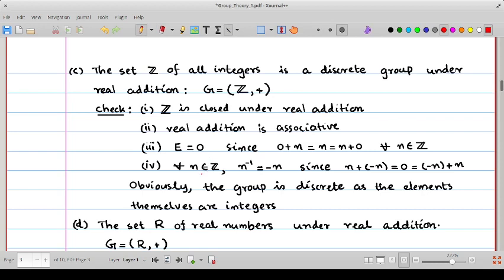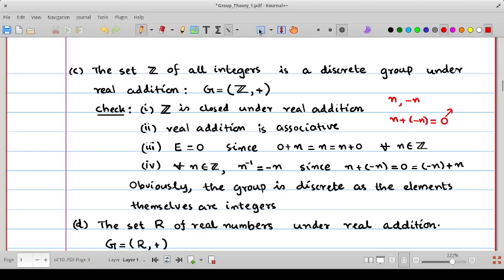We also need to see that every integer has an inverse. To see that, we note that for any integer n, there exists another integer which we denote by -n. For example, if n is equal to 2, we can consider -2 such that n plus -n is equal to 0. Now 0 is the identity here, and therefore the inverse of an integer n under real addition is -n.